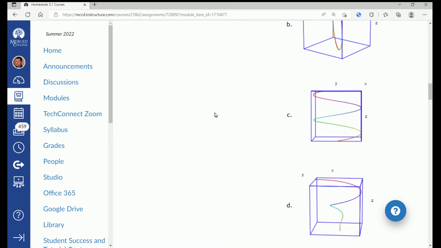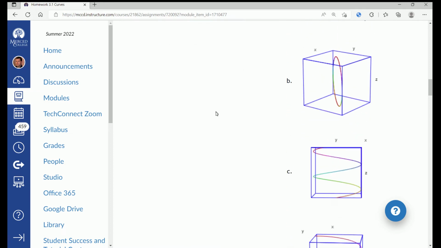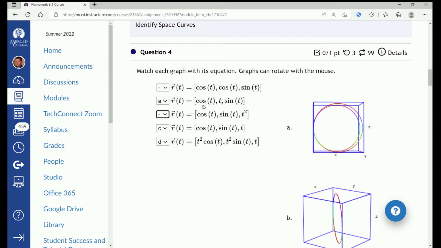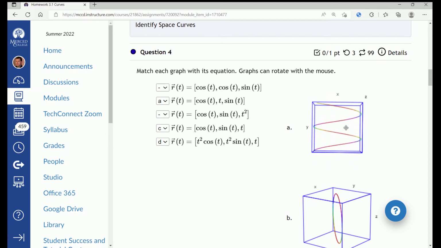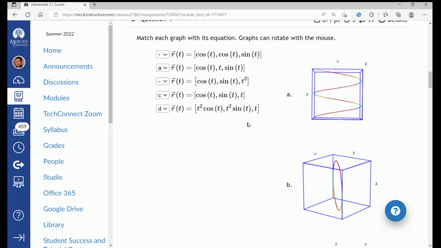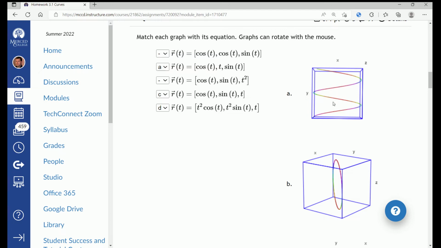Well, let's think about it. We know that when you have cosine t, sine t, t, like this one, you get a shape like this. It makes circles, and one variable is just increasing. But this is increasing at a linear rate, which means that everything is evenly spaced here. If you take this t and change the variable so it increases at a different rate from the rate that it's rotating, then this could be stretched out or squished down.